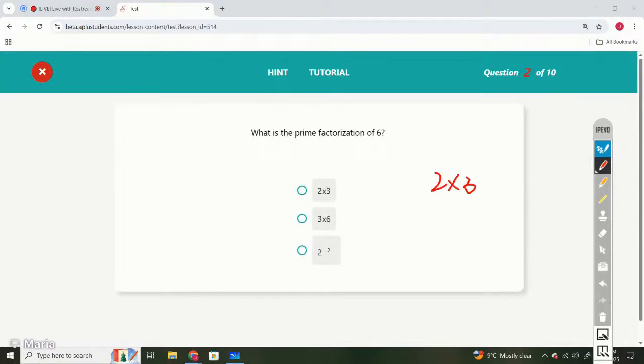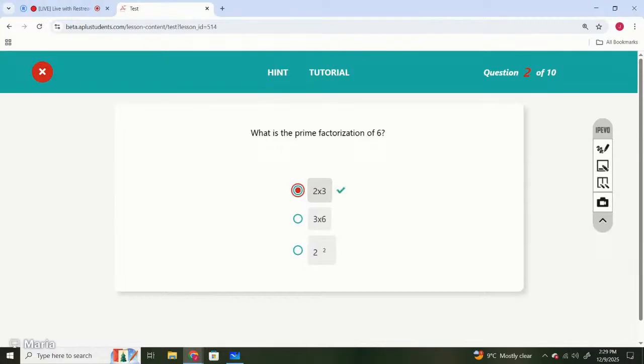We cannot write it in exponent form, so it is 2 times 3. Option number 1 is the correct option.